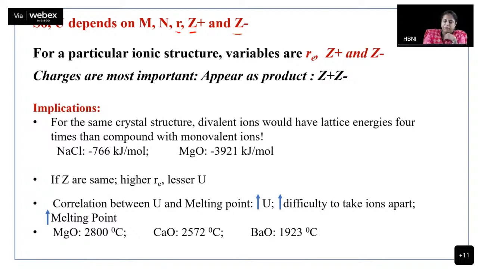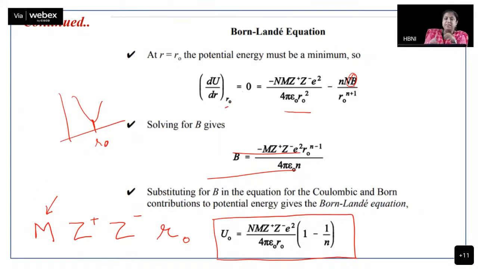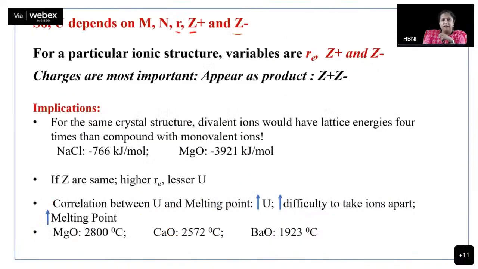Now, you see that your Z plus and Z minus appear as a product. So this becomes a very important factor in deciding the lattice energy. Now, what is the implication of this? Consider the same crystal structure, rock salt. NaCl exists in rock salt structure. Magnesium oxide exists in rock salt structure.